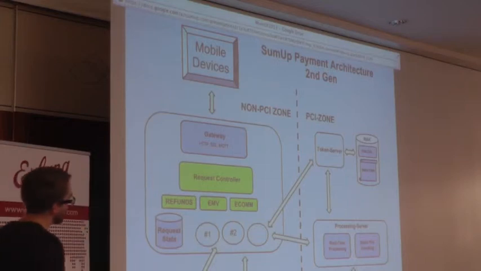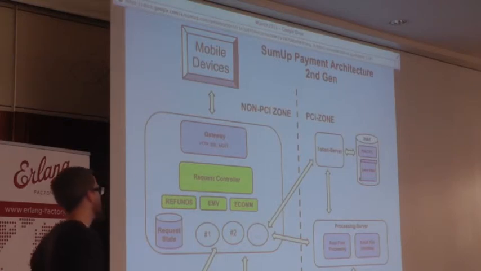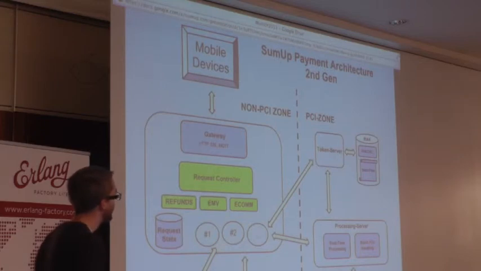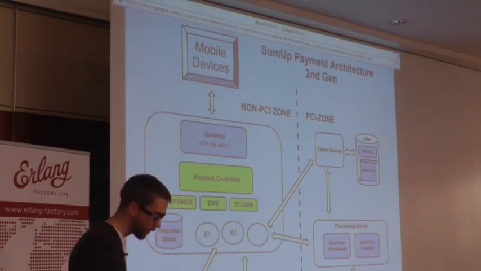We also want to add non-real-time processing to our Erlang processing component to be able to do things like batch file handling and different types of transactions that you might batch together for one day, for example.